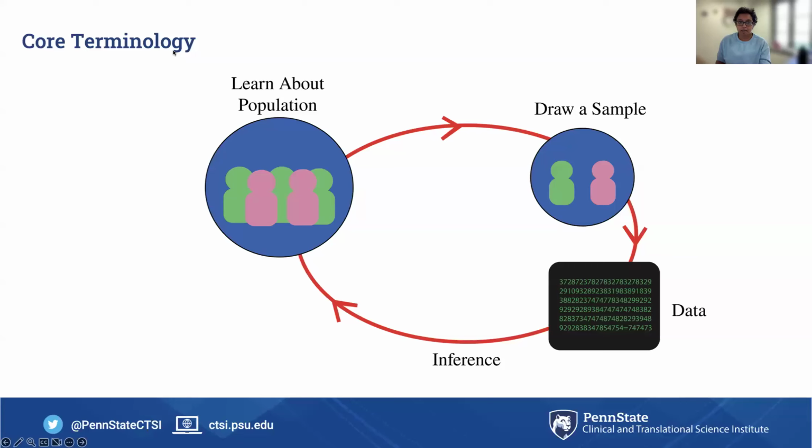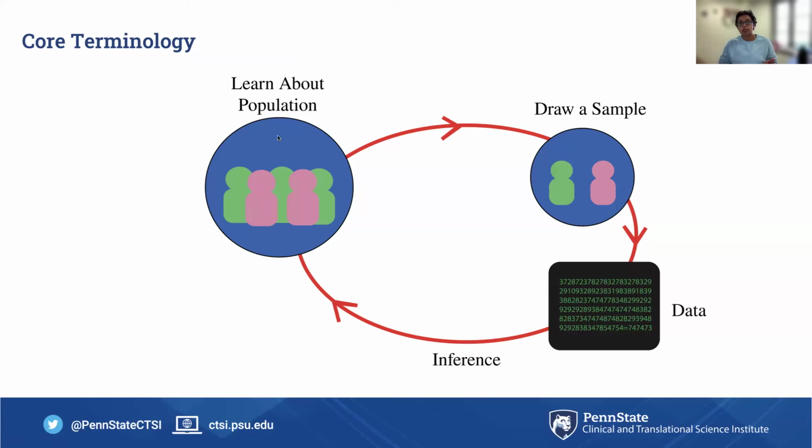All right, so let's start by looking at the overall process. When we are doing research, we want to learn something about a group of subjects. But we often don't have access to the entire population of interest, or all the subjects in it.